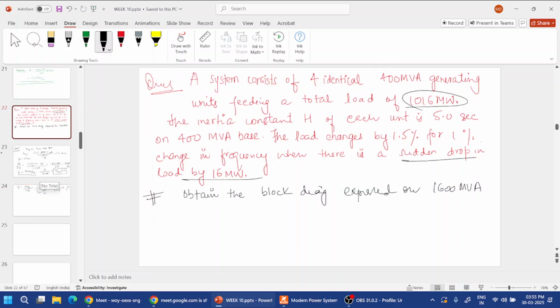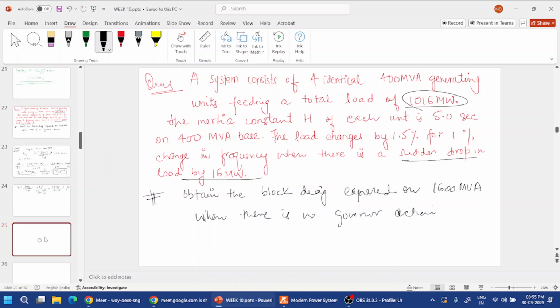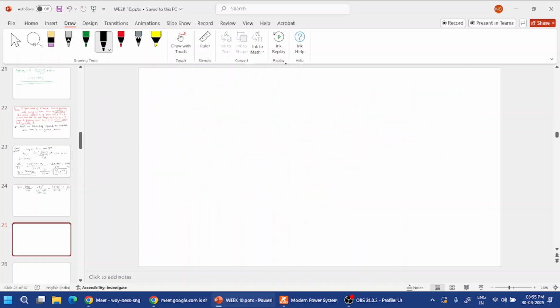Now here we have to find the block diagram. One thing is missing: when there is no governor action, we have to use that. So for that, here what we have is Kp, which is 1 by D, which is 160 by 3 per unit.